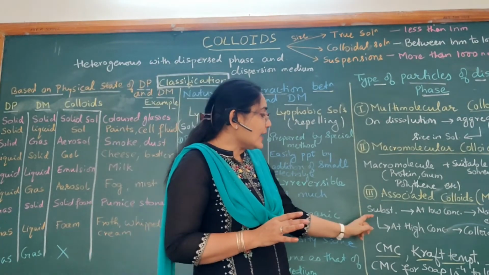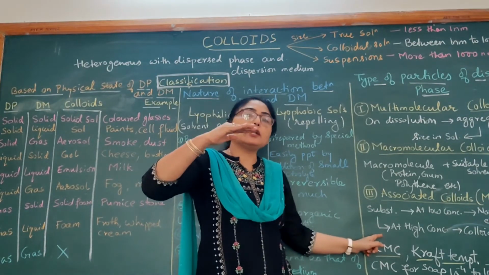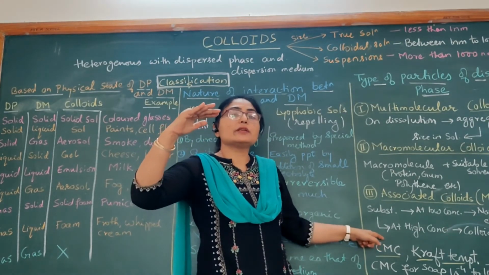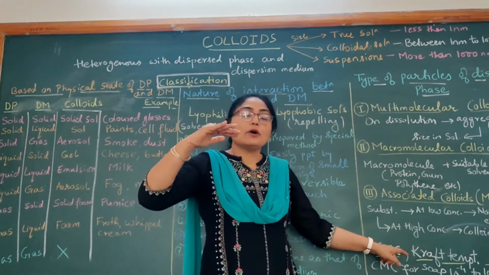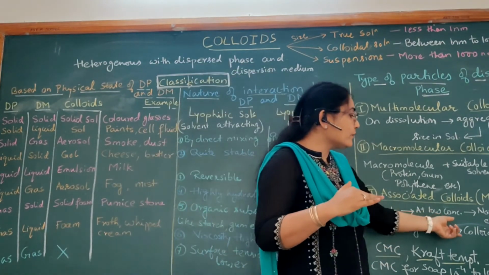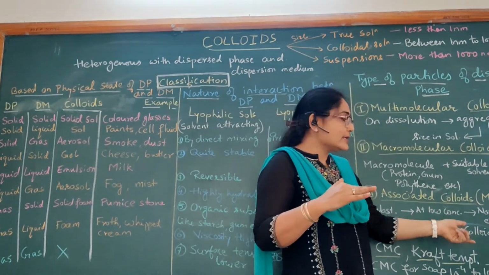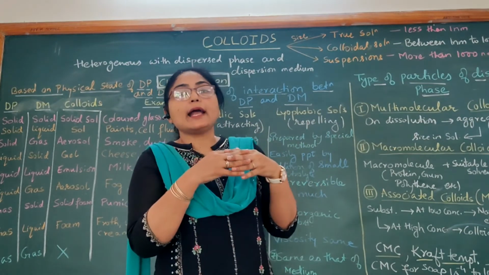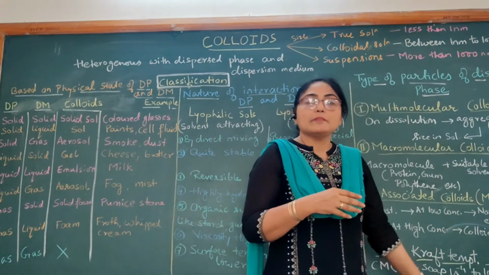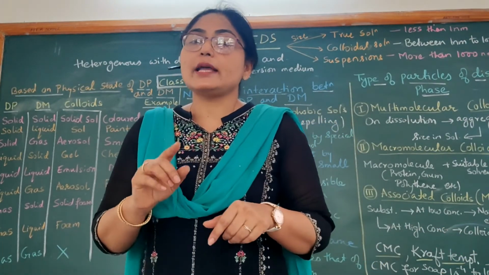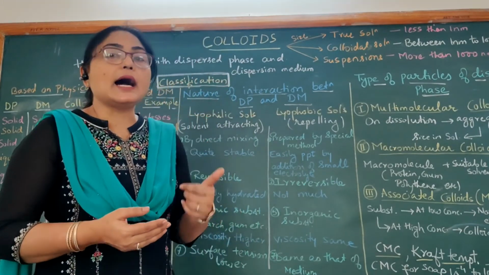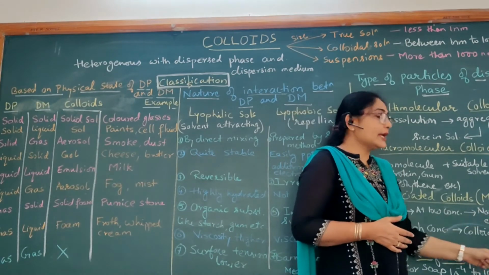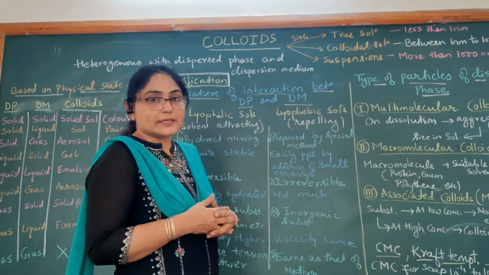But when these substances reach a particular higher concentration, known as CMC, they form colloids and get aggregated, and then they form micelles. So at low concentration they behave as an electrolyte, but at high concentration they act as colloids, aggregate and form micelles.